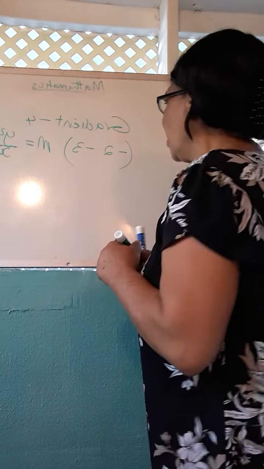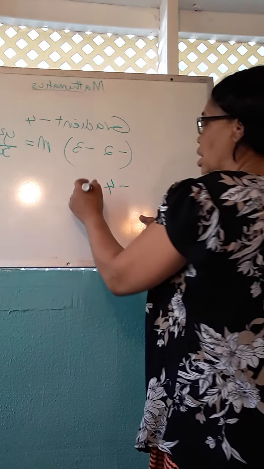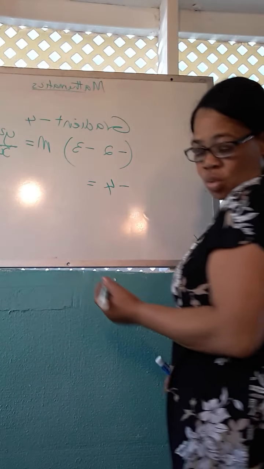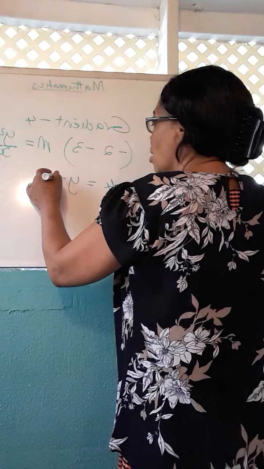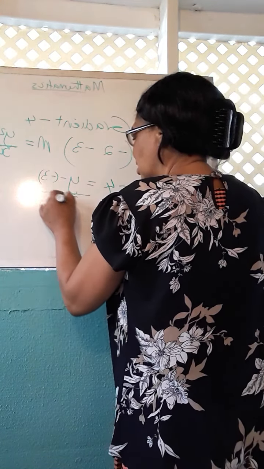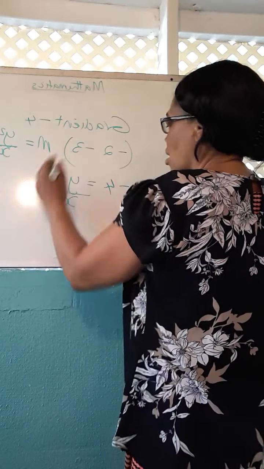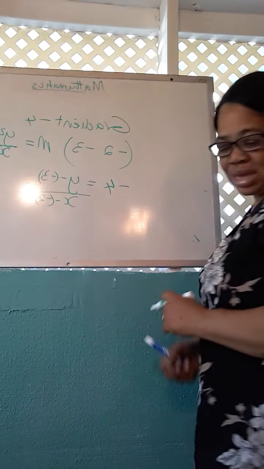So if I rewrite this, I'm going to write -4, which is the gradient, is equal to y, which is what I do not know here, minus -3 over x minus -2. Remember, the x is always the one at the beginning.